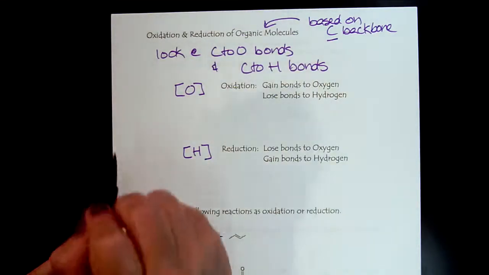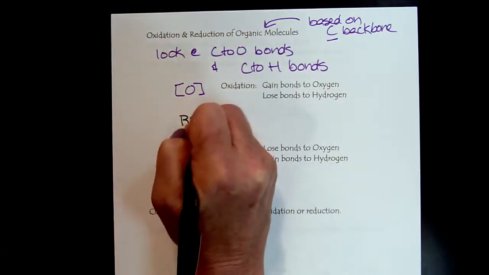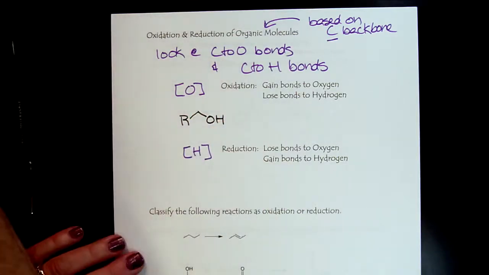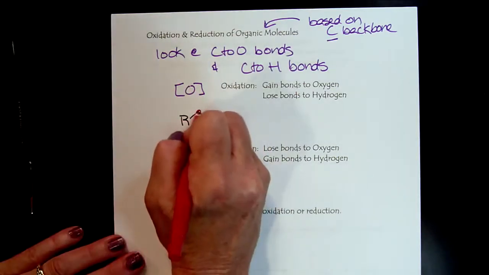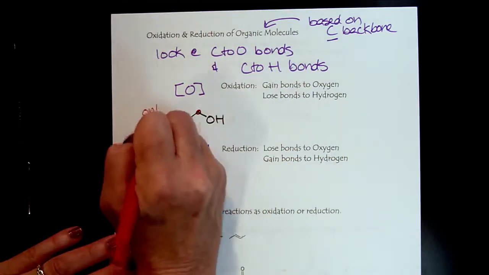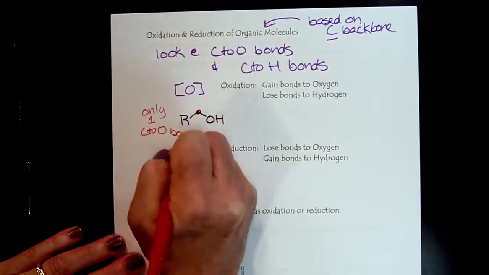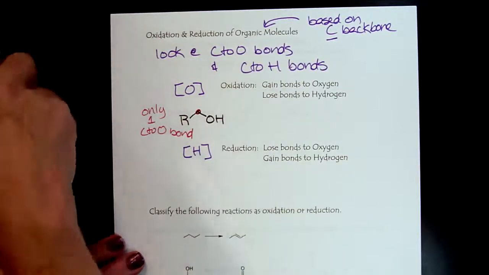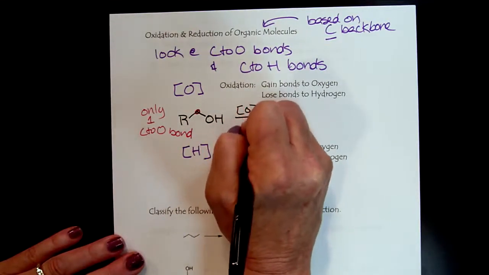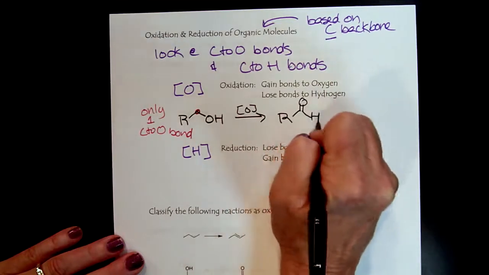So let's look at an example. Let's just look at a simple alcohol right here. So here is the carbon that's bonded to the oxygen. Notice that there's only one carbon to oxygen bond. And now, if it undergoes an oxidation, we can go to the aldehyde.